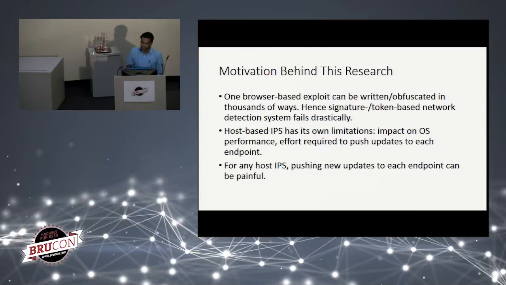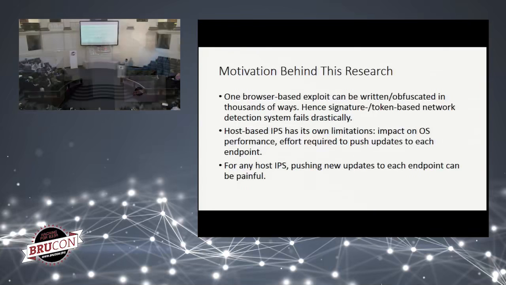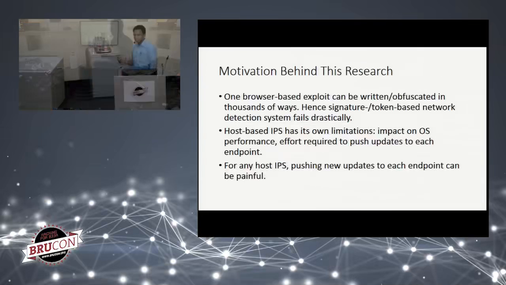So if you are using any token-based detection system, it is impossible for it to catch those exploits if they are obfuscated or written in many different ways. Host-based IPS is quite good at catching obfuscated, dynamic exploits, but it still has a significant impact on performance, and we have already discussed its demerits.